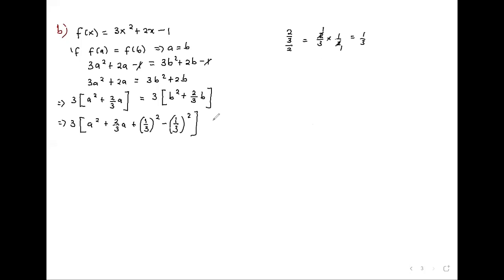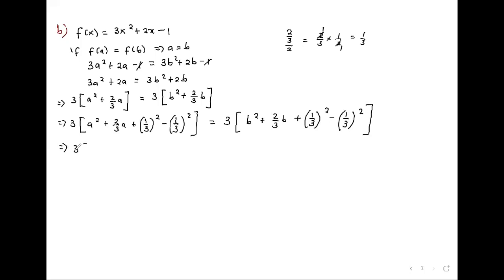Okay. We do the same on the right. So we have 3 b squared plus 2 over 3 b plus 1 over 3 squared, and then minus 1 over 3 squared. Then what does it become?